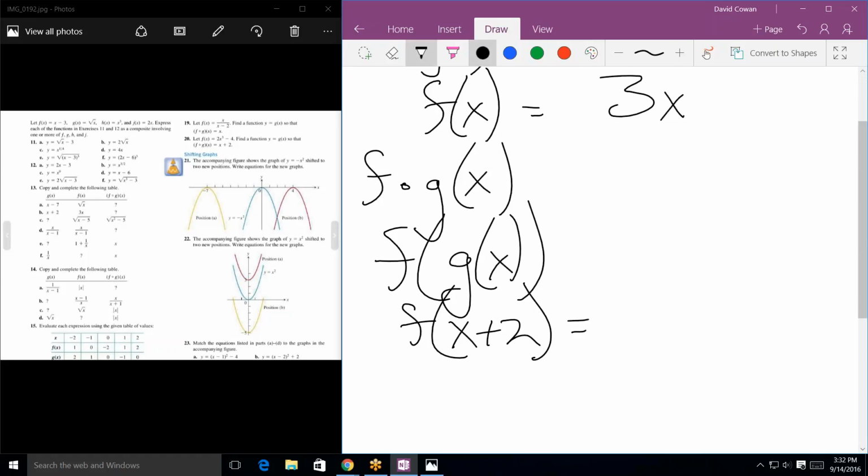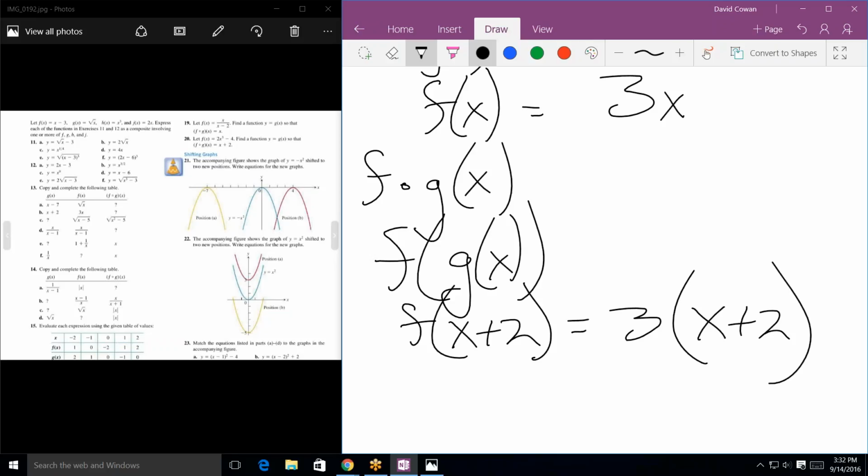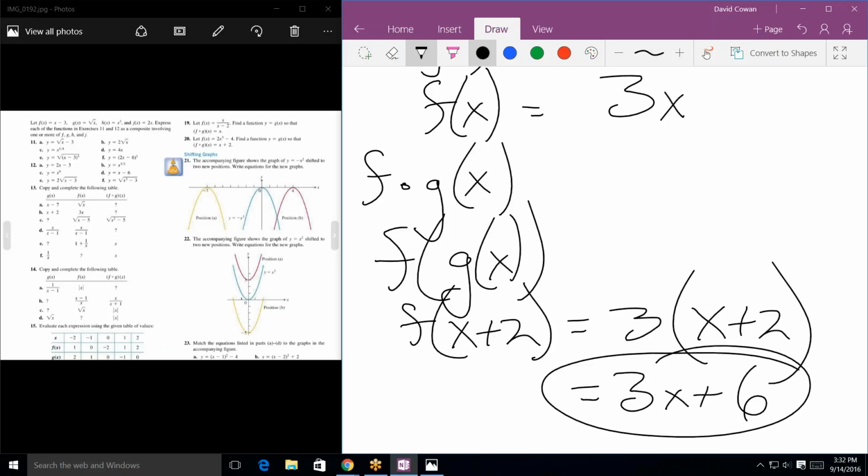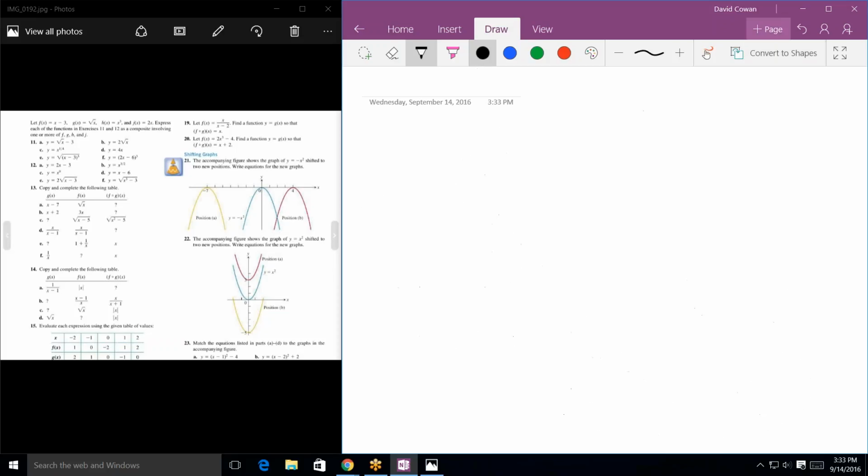That would be 3 parentheses x plus 2, which is 3x plus 6. That's it. So that's your answer for the second one, for 13b. Okay. Now, they get harder.